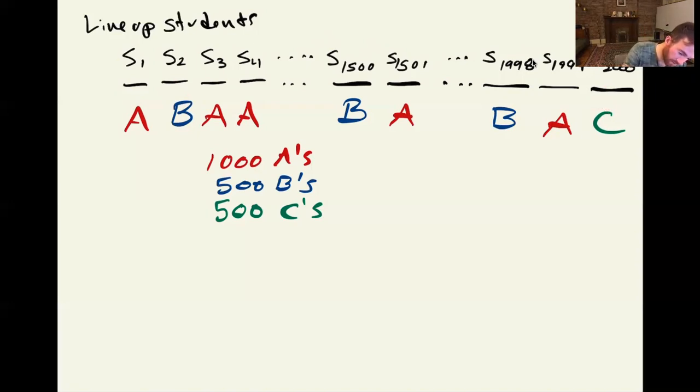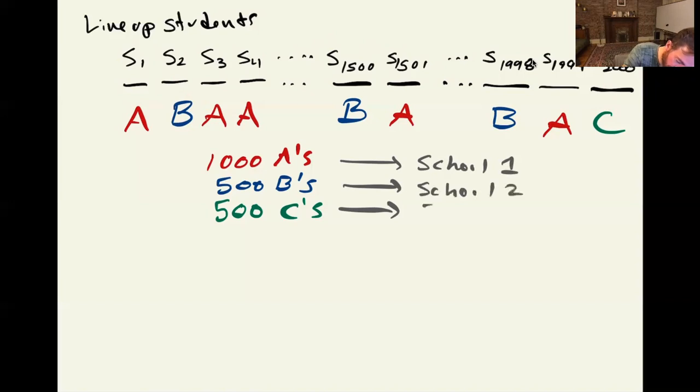So our algorithm looks something like this: this goes to school 1, and this goes to school 2, and this goes to school 3.